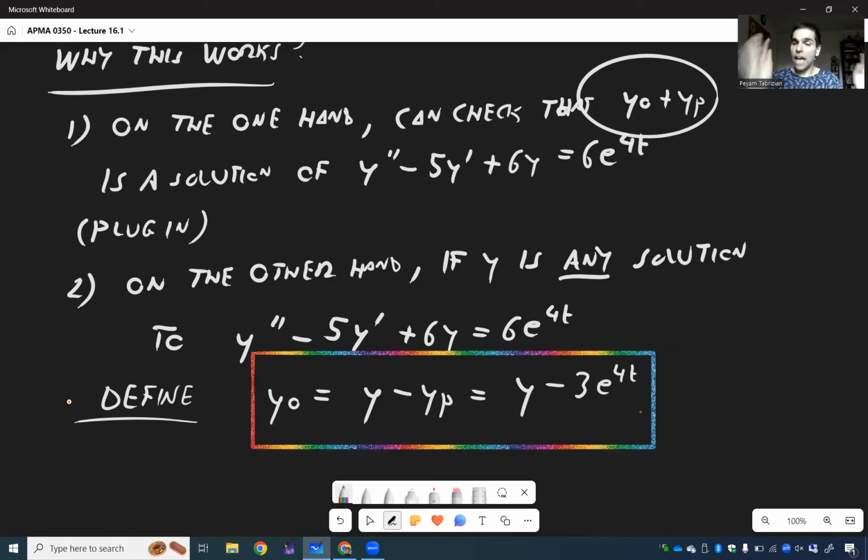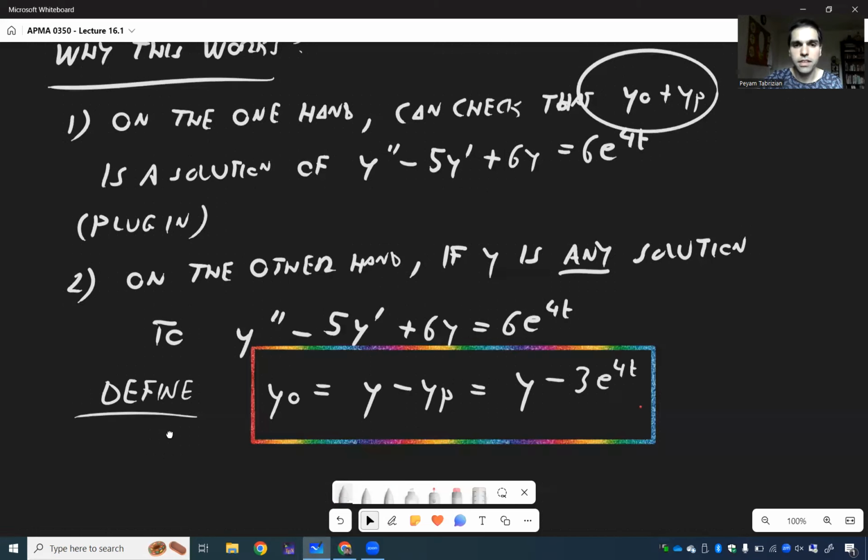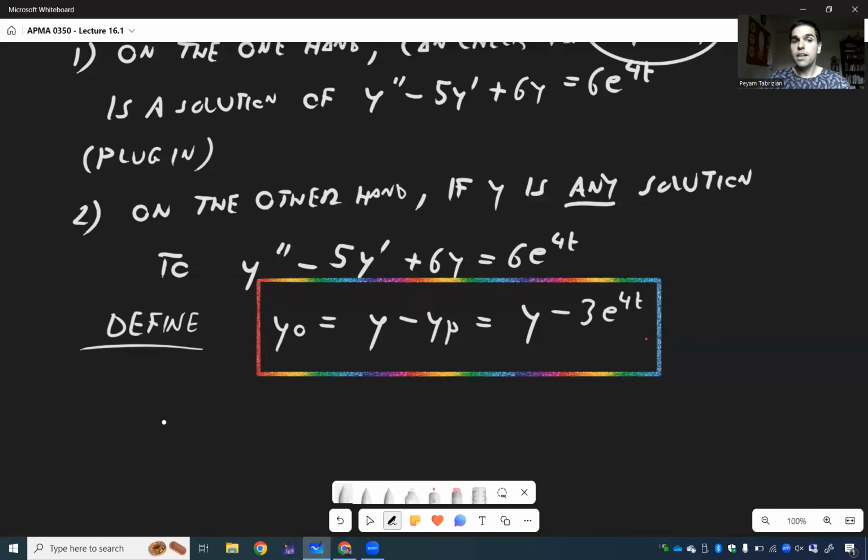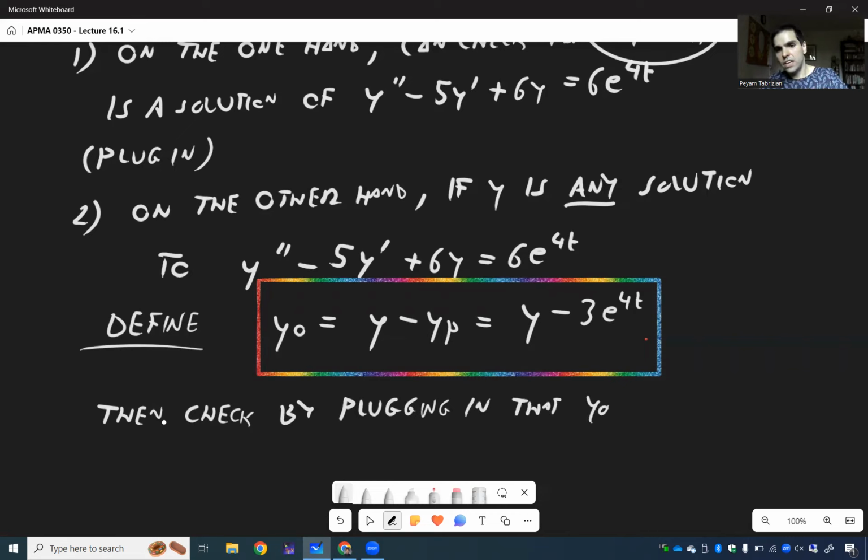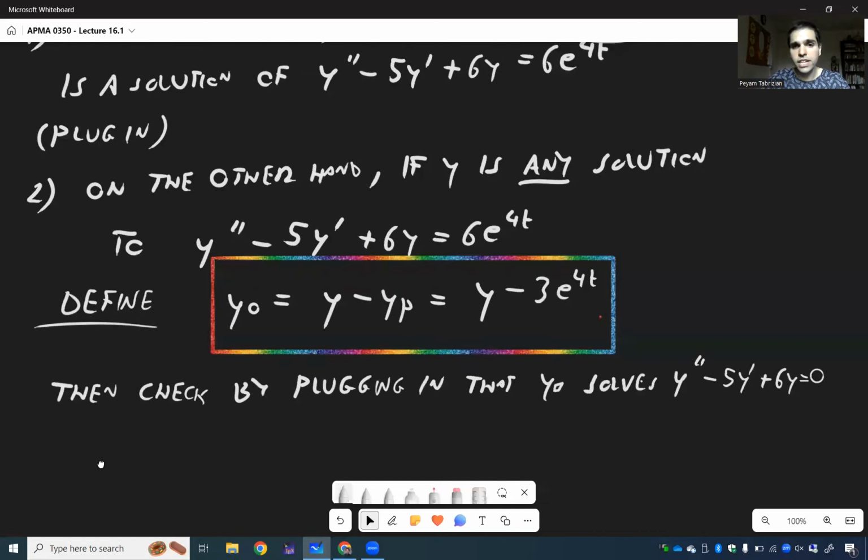So far, we took any solution, subtracted the particular solution, and called this new thing y0. But just by plugging this y0 into the equation, you can check that y0 actually is a homogeneous solution. So check by plugging in that y0 solves y double prime minus 5y prime plus 6y equals 0, the homogeneous equation.